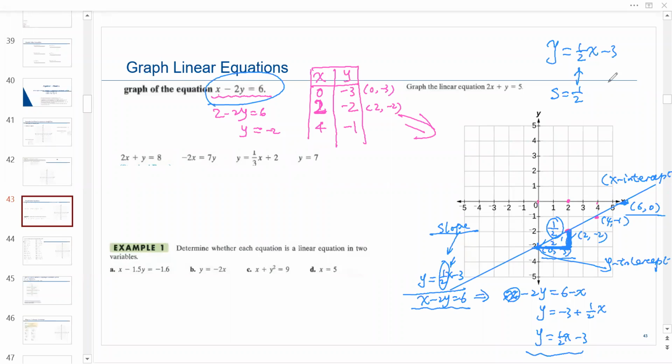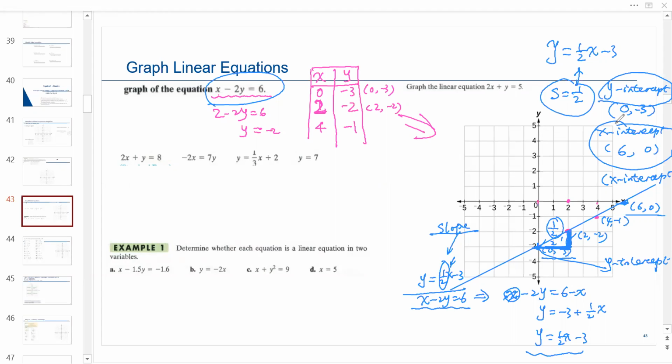We call that the y-intercept. The y-intercept means x equals 0, y equals -3. The x-intercept is y equals 0, x equals what? 6. See, you have 6 here. So slope, y-intercept, x-intercept, right?